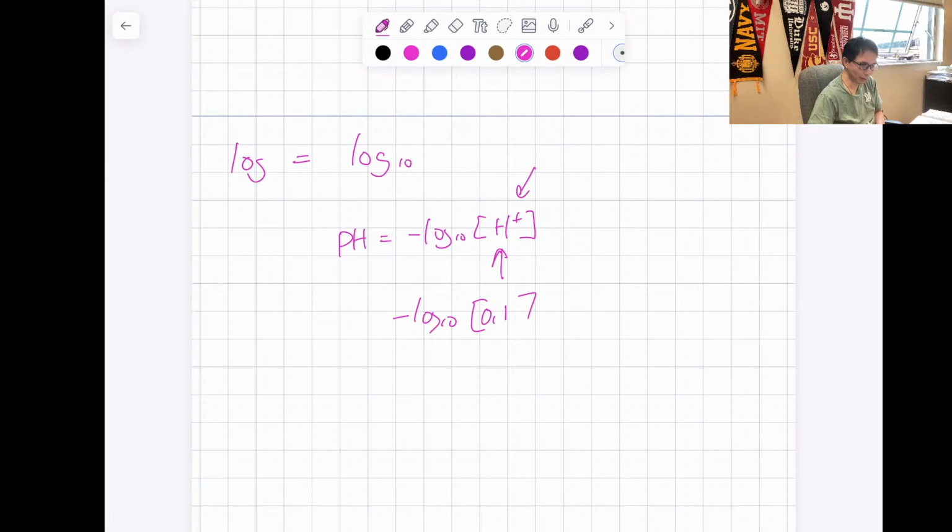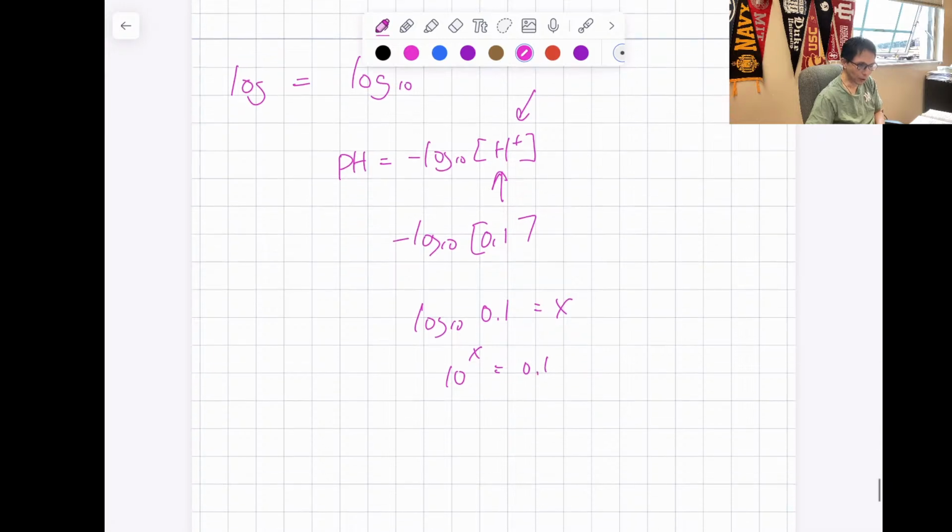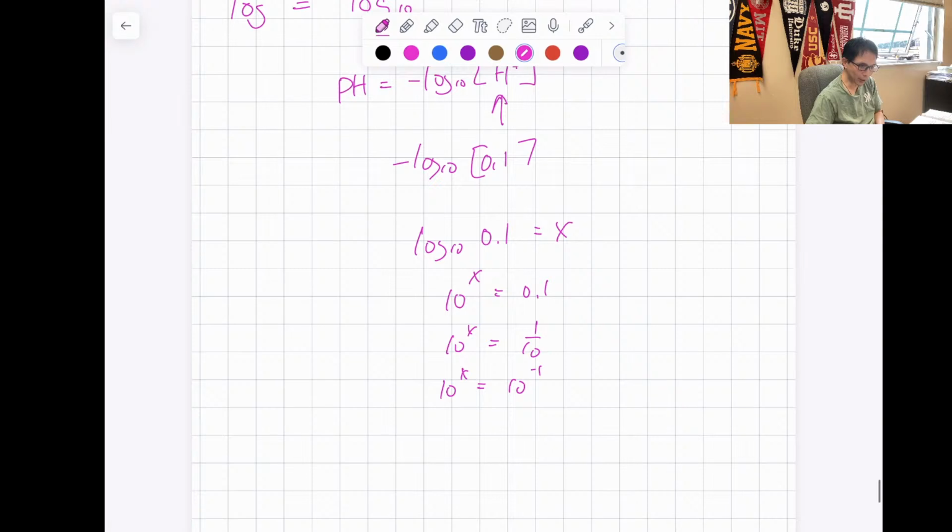That means log base 10 of 0.1 is equal to x. So that means 10 to the x equals 0.1. What is 0.1? 1 over 10. 10 to the x equals 10 to the negative 1. So x equals negative 1. So if you have 0.1 molar, then pH is going to be equal to 1.